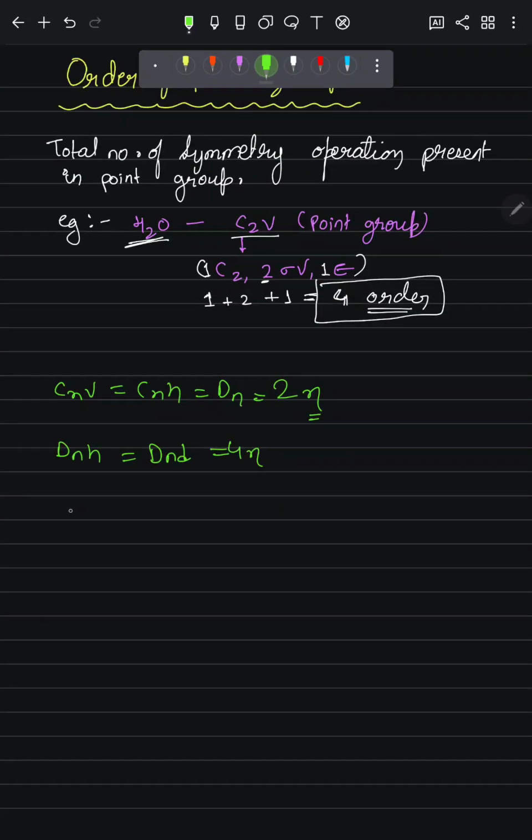Now let's discuss other point groups. If a C1 is present, then its order will be 1, and if Cs or Ci is present, then its order will be 2, and if Cn is present, then its order will be n.